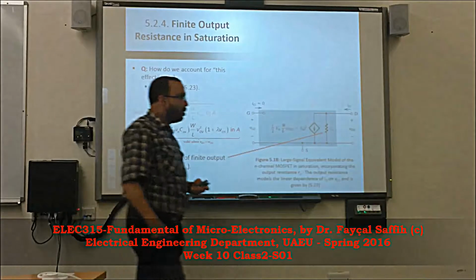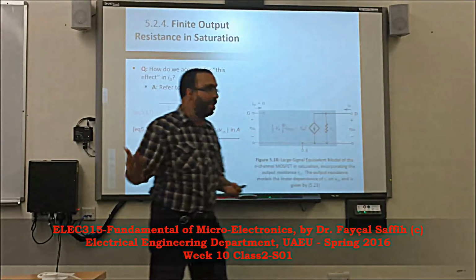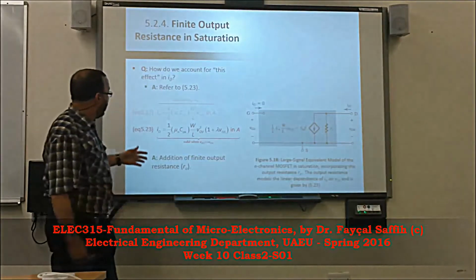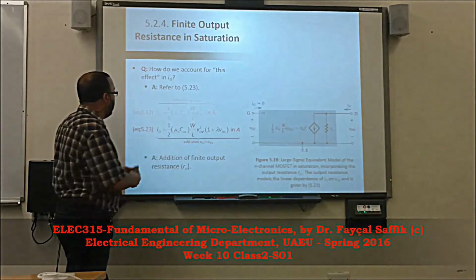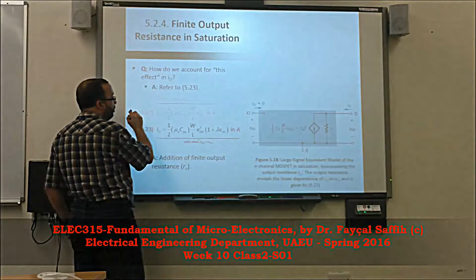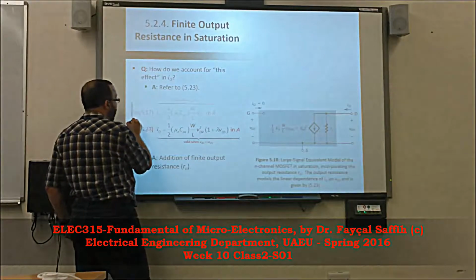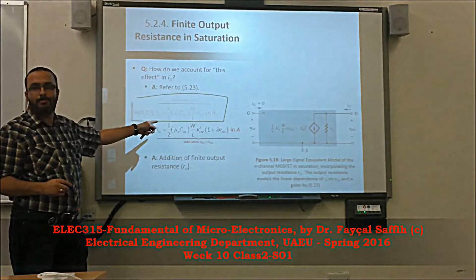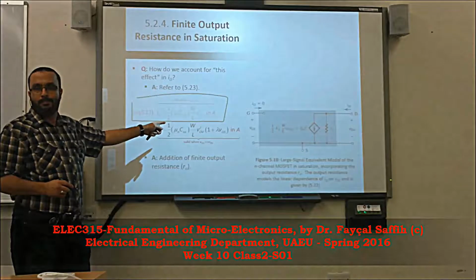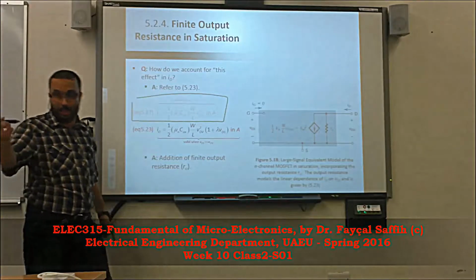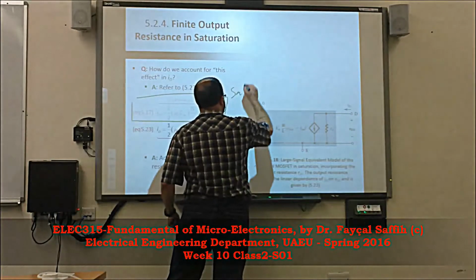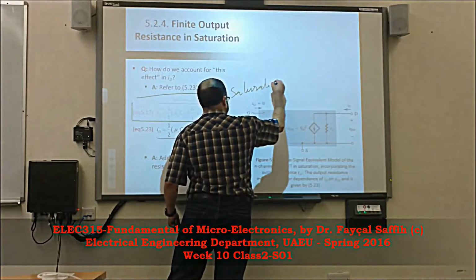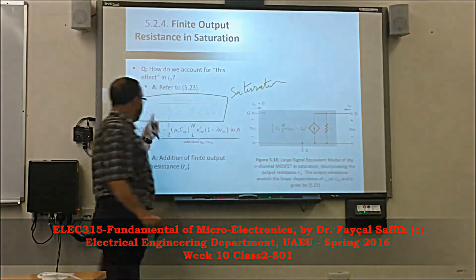Now the length has changed. Back to the equation here. Remember this equation? This is the original equation, when we are in VDS critical, saturation. As soon as we start saturation, this is our current.